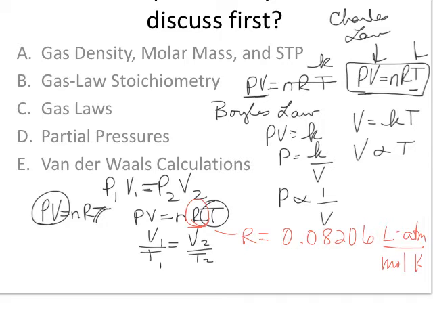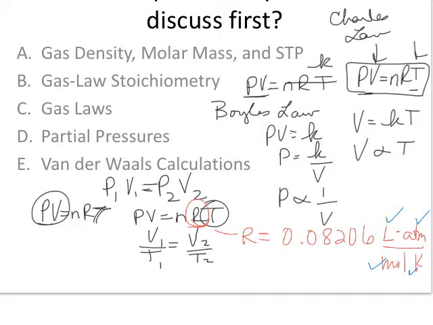Those are the units you want everything in, because that's what needs to cancel out. So you want your volume in liters, your pressure in atmospheres, your stoichiometry amounts in moles, not grams and kilograms, and your temperature in K for Kelvin.